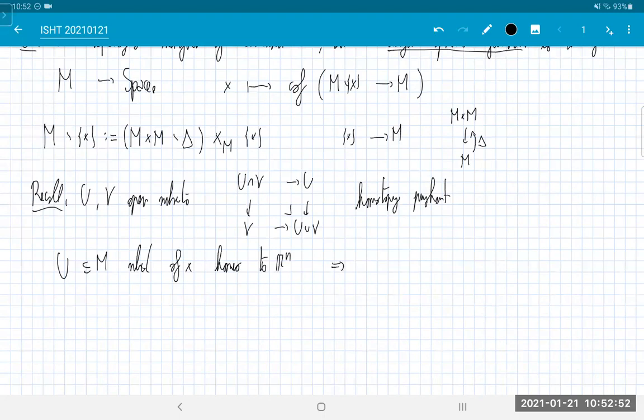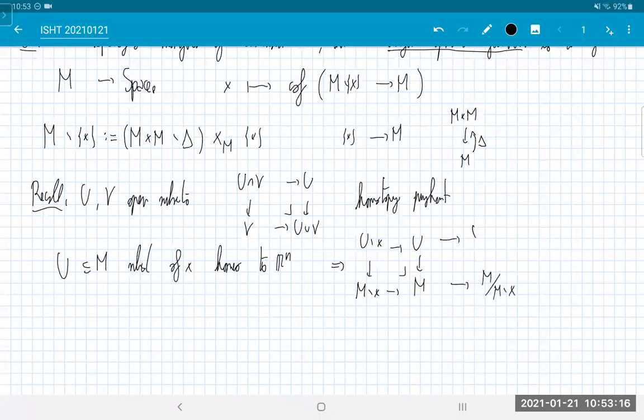This tells us that we have the following homotopy pushout. I'm taking U and M minus X as an open covering of M. That's of course. So now we have our M mod M minus X here.